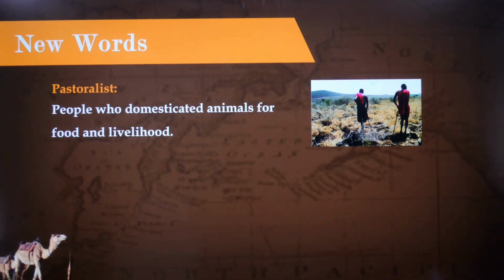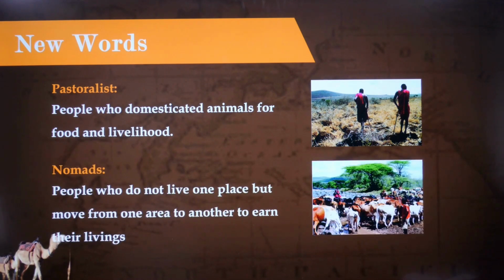For example, a new word, pastoralist. Pastoralist means people who domesticated animals for food and livelihood. And like that, nomads, people who do not live in one place but move from one area to another to earn their living.